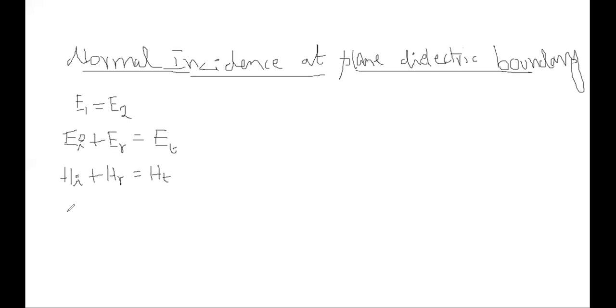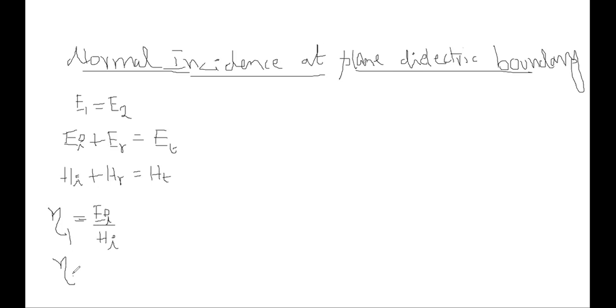We know that eta 1 is in the left hand side, the dielectric 1. So E1 by H1, or you can say EI by HI.